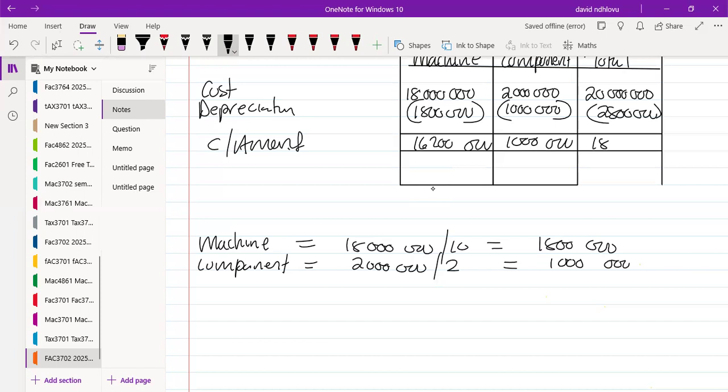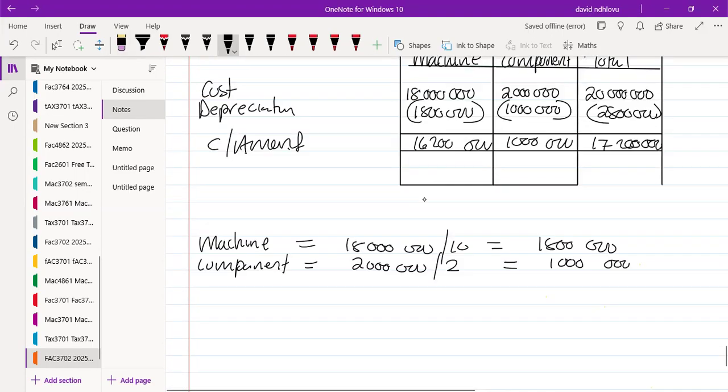So I said 20, I think it's 18 minus 1.8, like 16.2. That is 17, sorry, my mistake is here. So we have 17,200, which is the carrying amount of the assets.